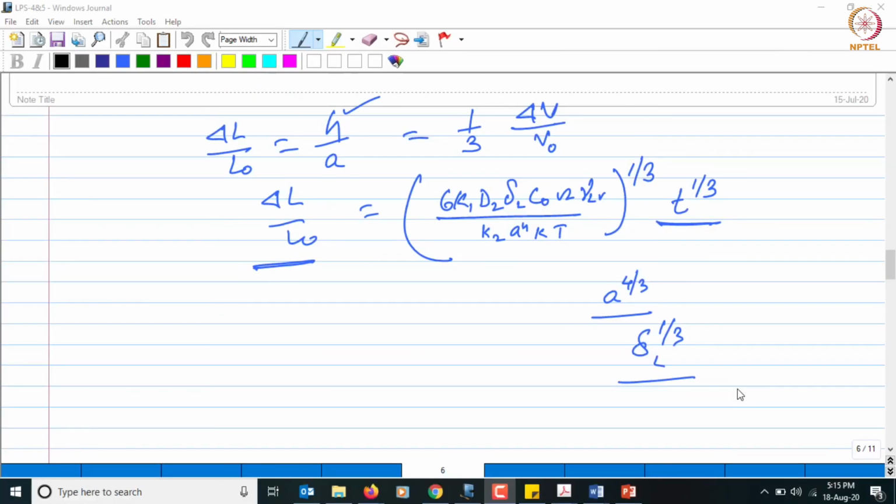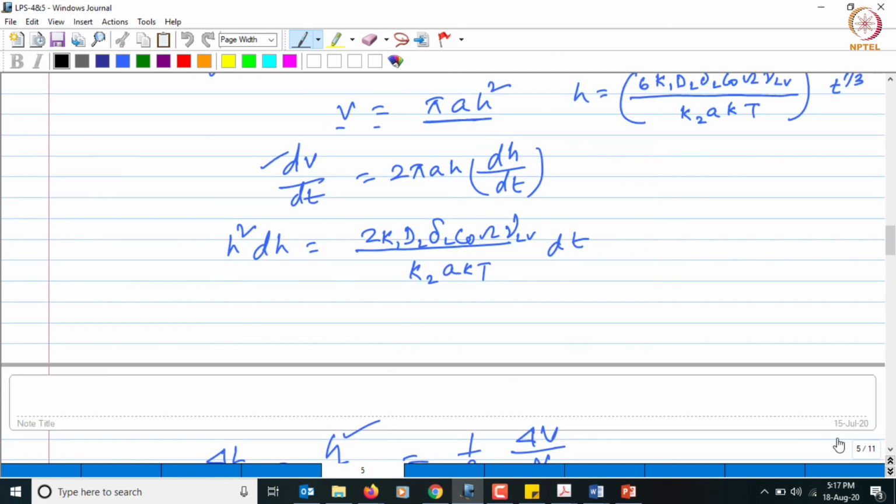And using this two particle model, the kinetics of the process, that is the time dependence of the densification, was derived. And as you know by now, densification is manifested by the shrinkage delta L by L0, which is given by h by A in this particular case, where h is the center to center movement of the particles due to the dissolution of the contact points between the particles, and A is the radius of the particles.